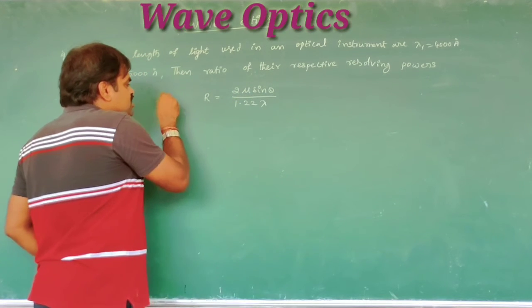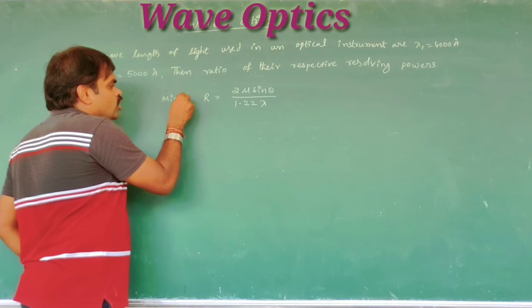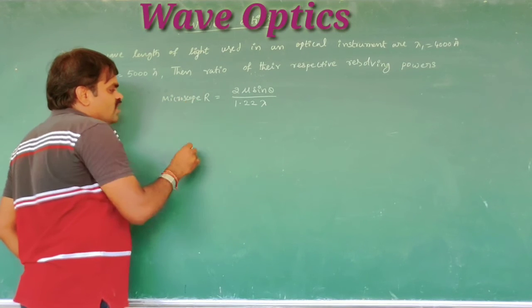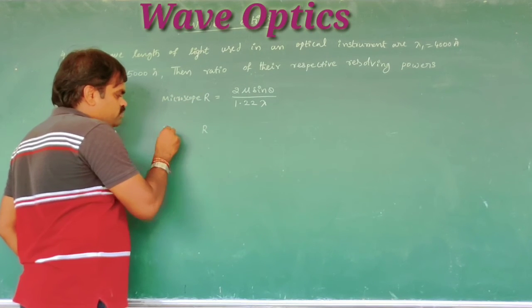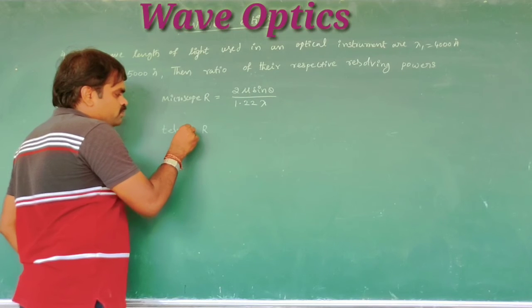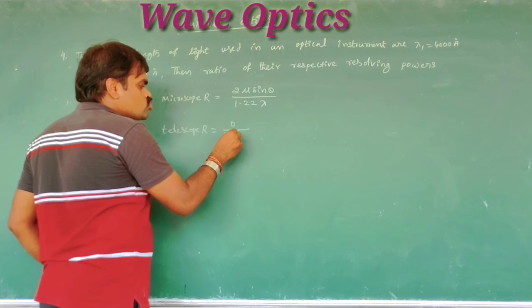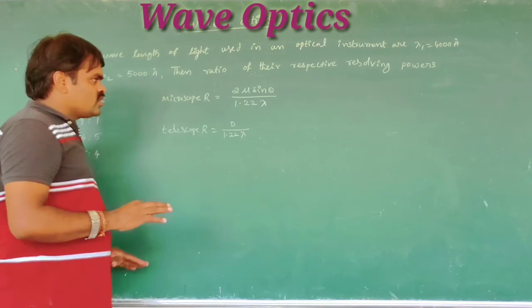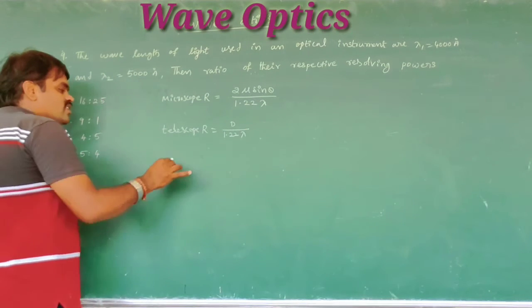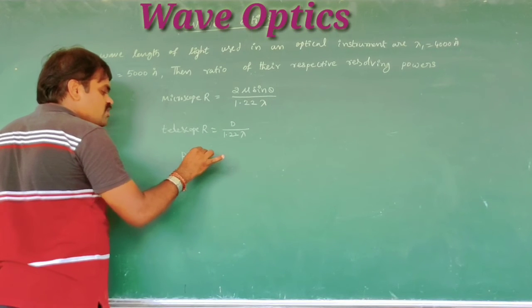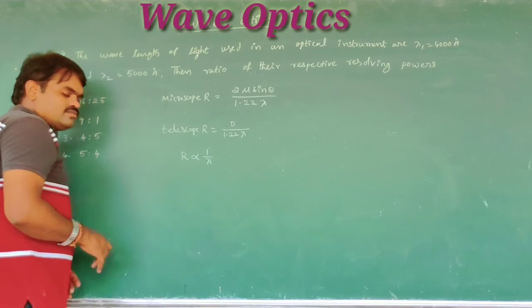Then the resolving power of a telescope is d by 1.22 lambda. For any instrument, the resolving power is inversely proportional to wavelength.